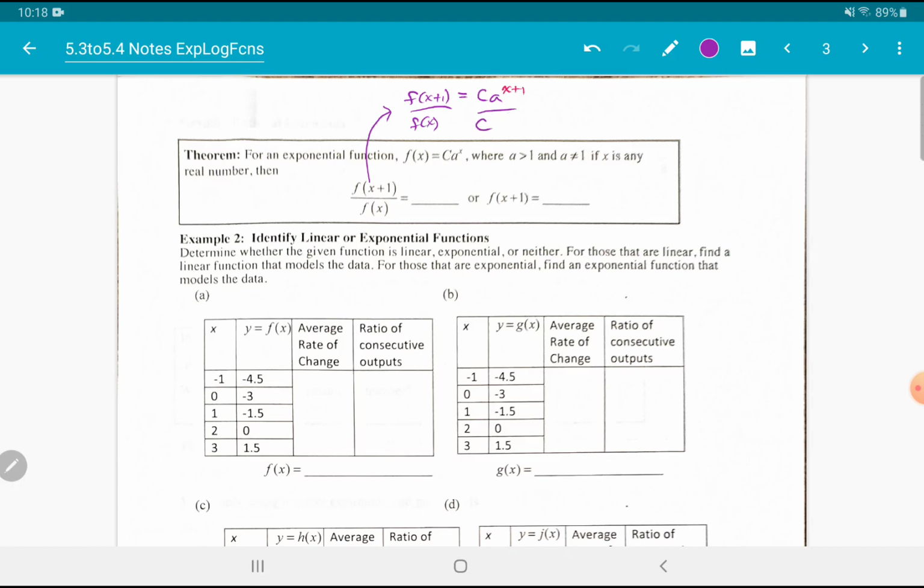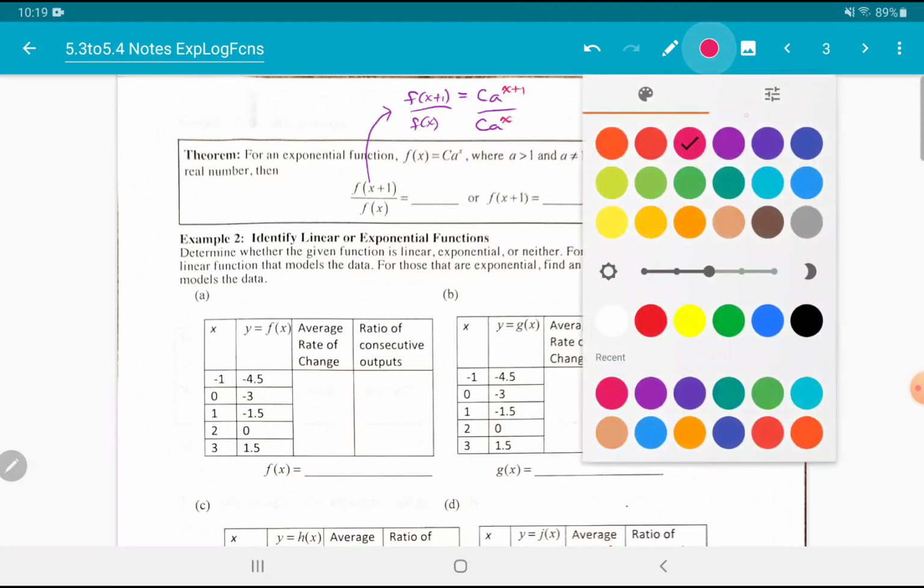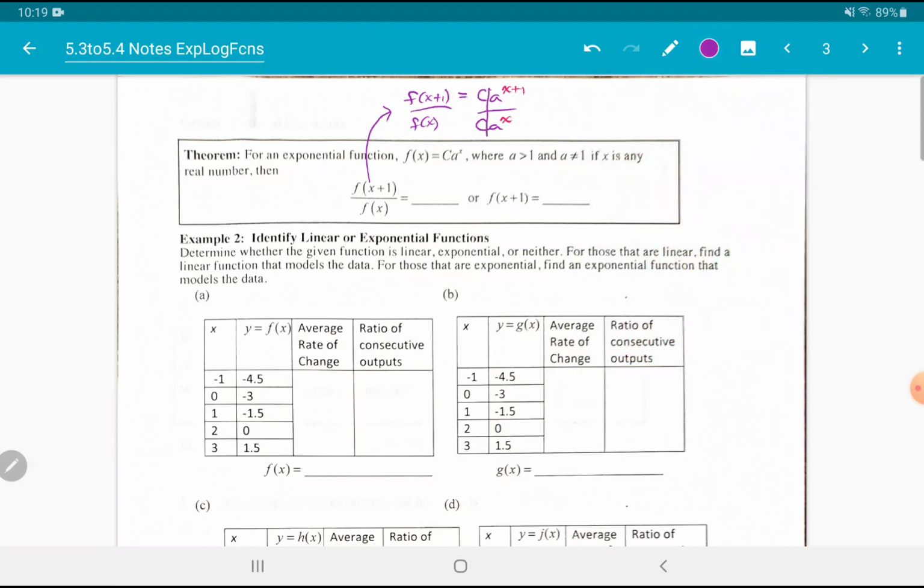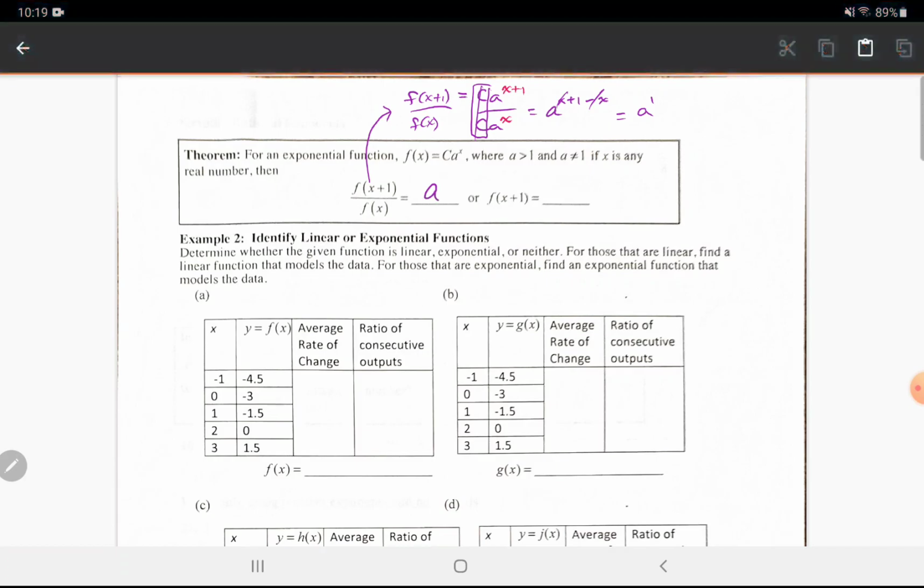Well, f of x is just c a to the power of x. You can see here that c's are the same on top and bottom, so those cancel out. But if you take a look at your property of exponents, what you have is a to the power of x plus 1 divided by a to the power of x. Based on the laws of exponents, that is the same thing as a to the power of x plus 1 minus x altogether as one exponent. And the x's cancel out. What we're left with then is just a to the first, or just a. So this basically means that you just get a there.